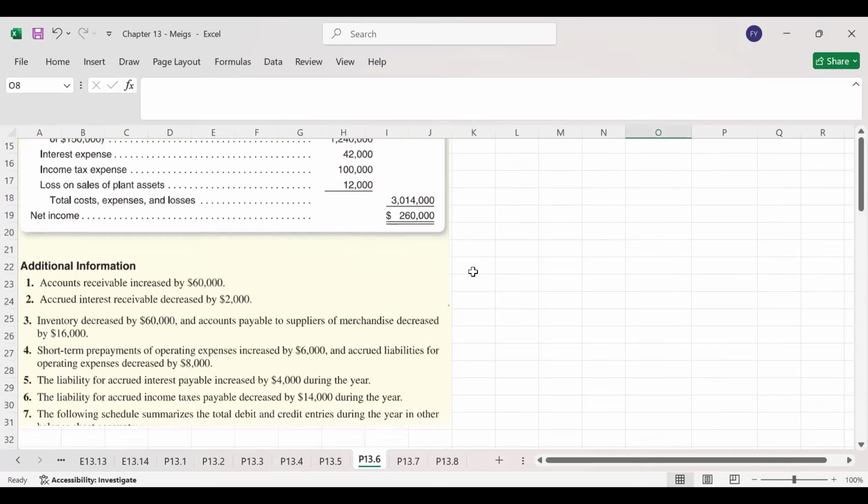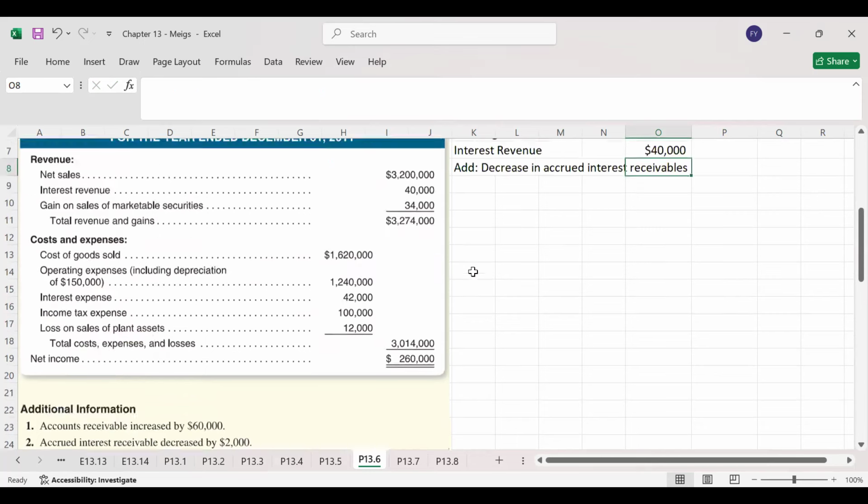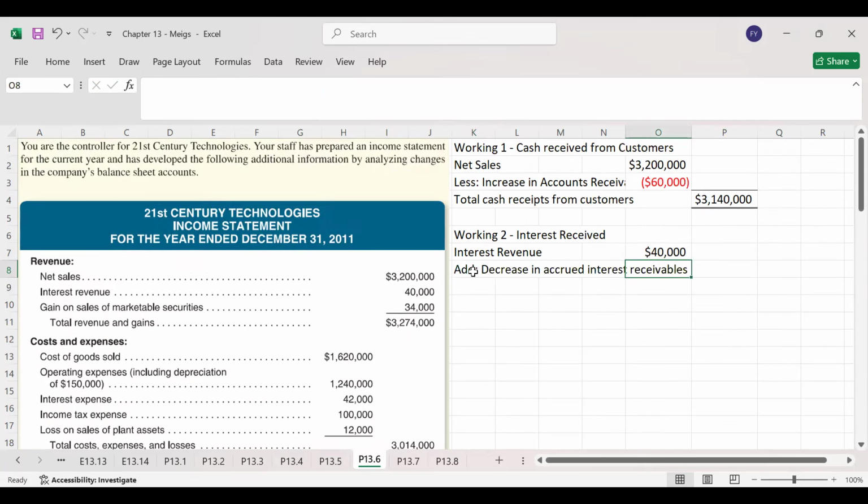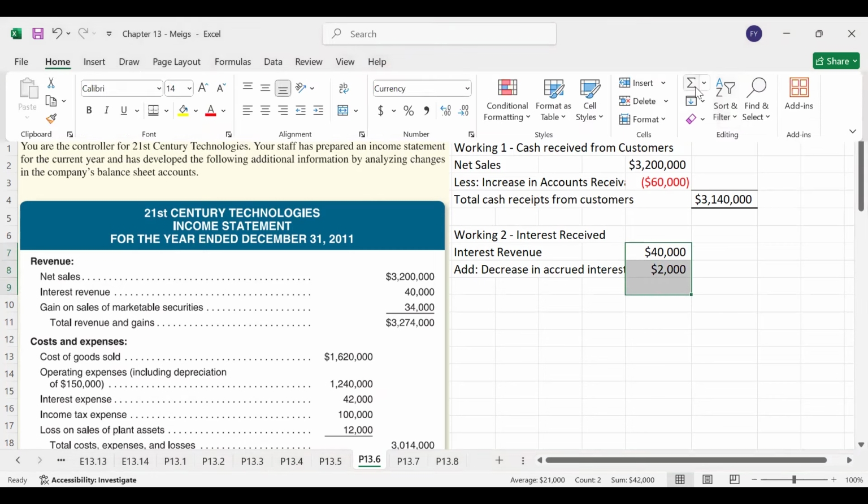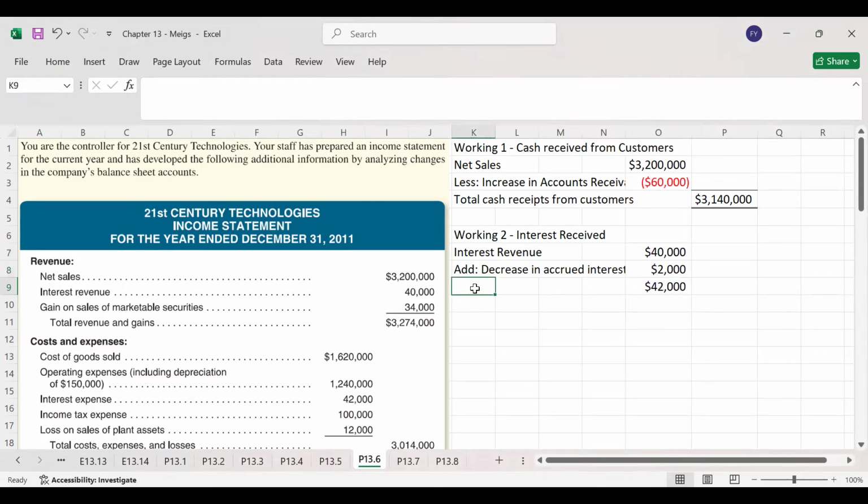The amount is $2,000. So our total or net interest received would be $42,000. So here we have interest received, which we are going to present in the outer column.